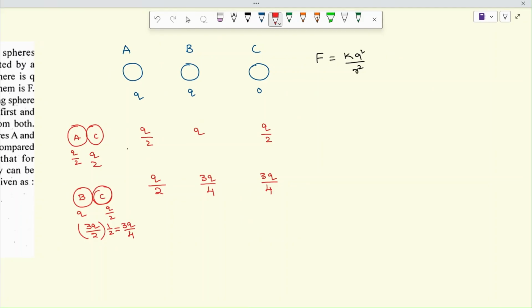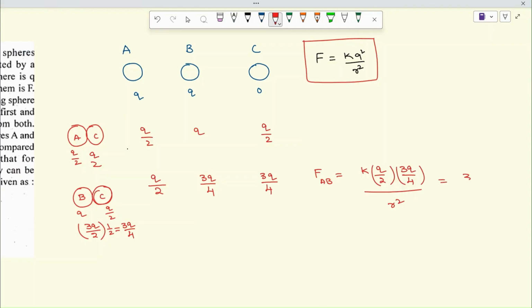Now the new force. The initial force between A and B was F equal to kq square by r square, if the distance is r between them. What is the final force between A and B? That will be k into q by 2 for A, and B is 3q by 4, divided by r square.